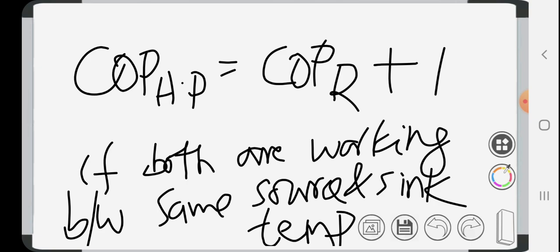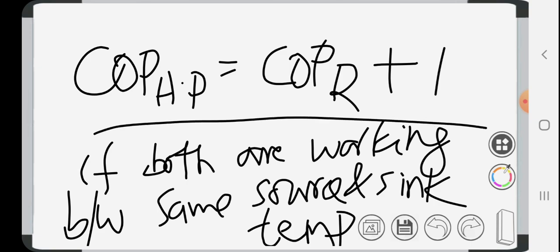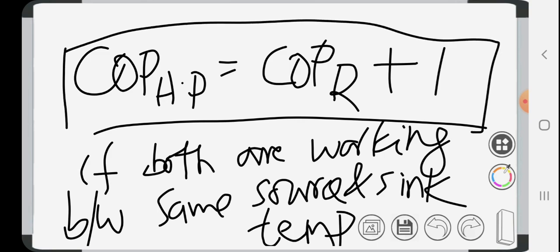Okay, then only this is applicable. If both are working in different temperature ranges, then this relation won't be applicable, right? So T1 and T2, source and sink temperature, must be the same in both cases, then only this equation is valid, right?